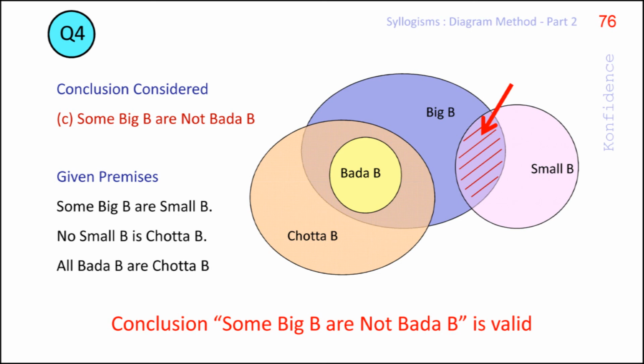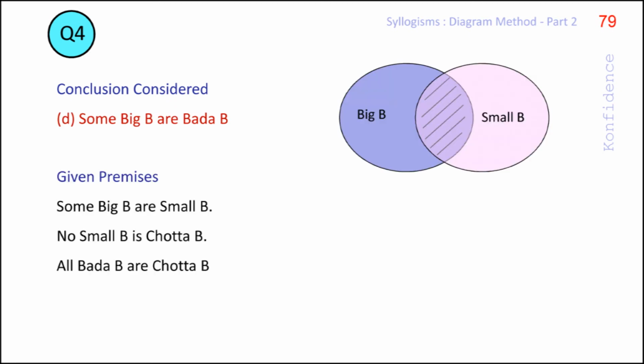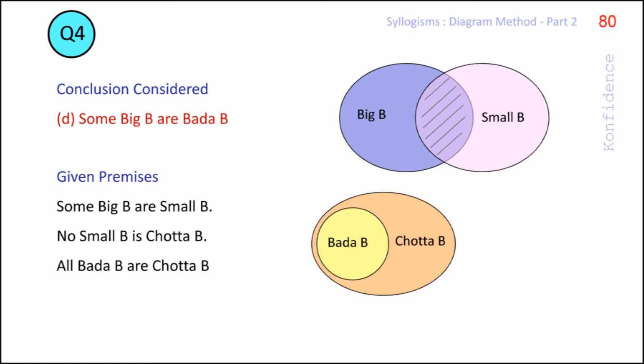Now we have one more conclusion to check out. Look at conclusion D. Some big B are Bada B. For this to happen, there should be an overlap between big B and Bada B. But that need not happen always, as can be seen from the figure given in the slide. Here, there is an overlap between big B and small b as required by premise 1.